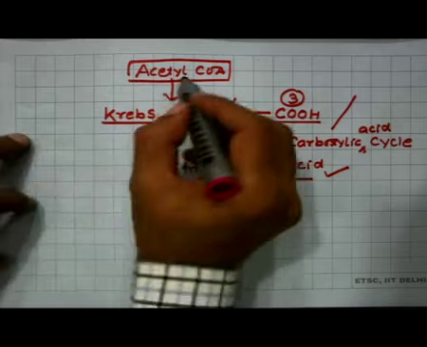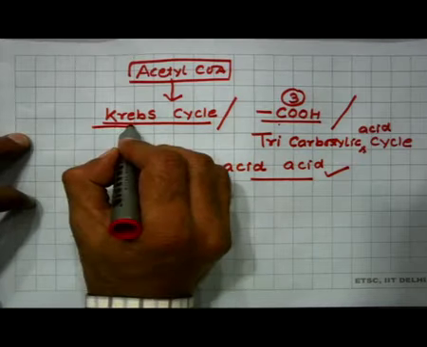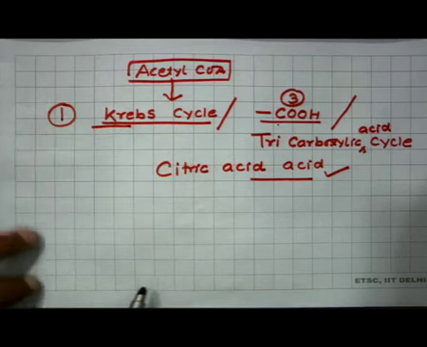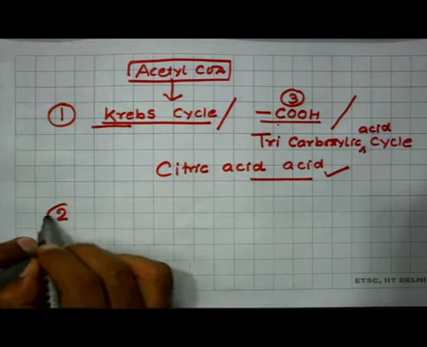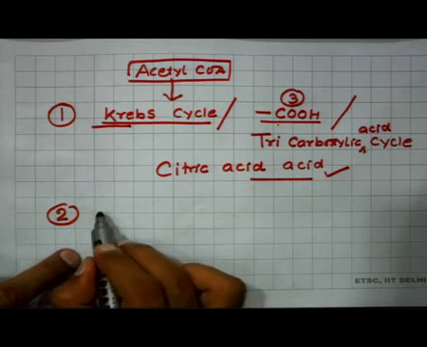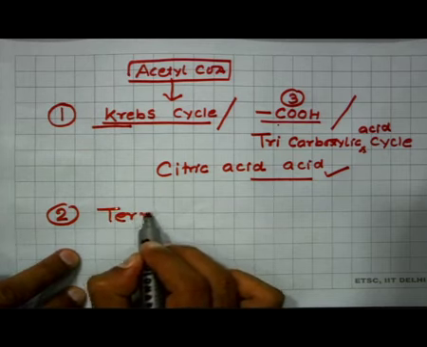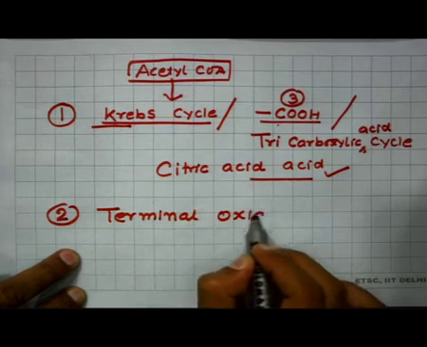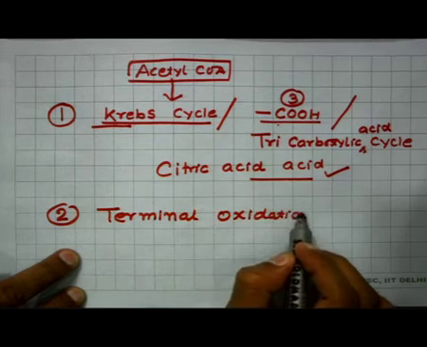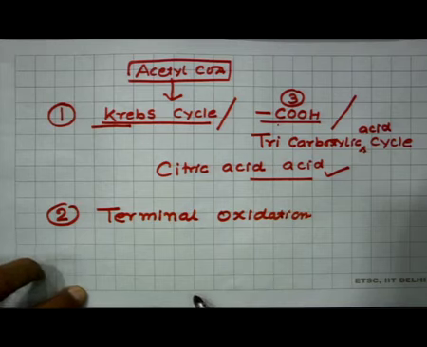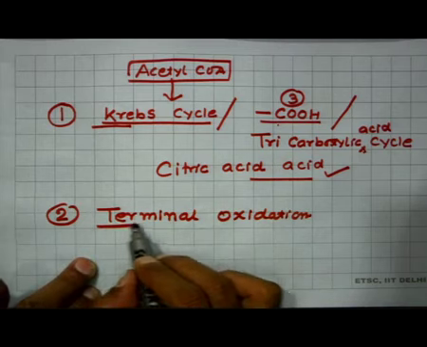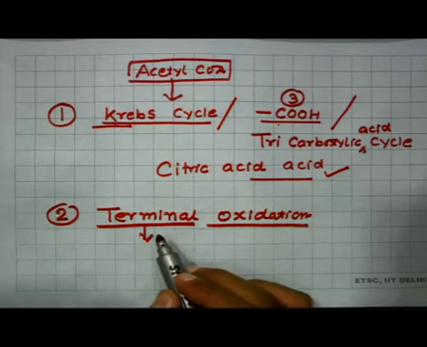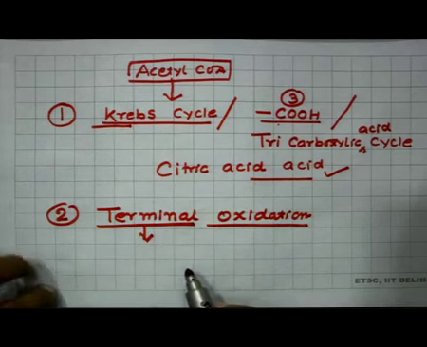Here the acetyl coenzyme which enters into the Krebs cycle, 2 reactions take place. Firstly, the Krebs cycle, and the second step is called terminal oxidation. Terminal oxidation, because as the term indicates, it takes place at the end of the respiration.